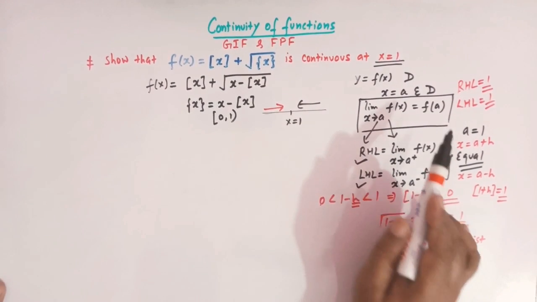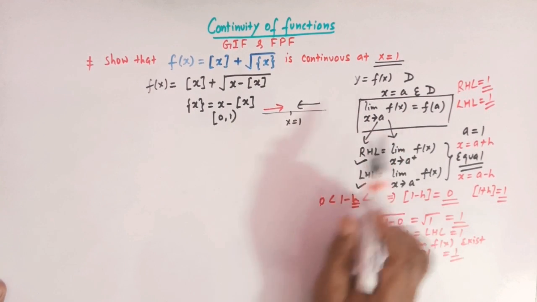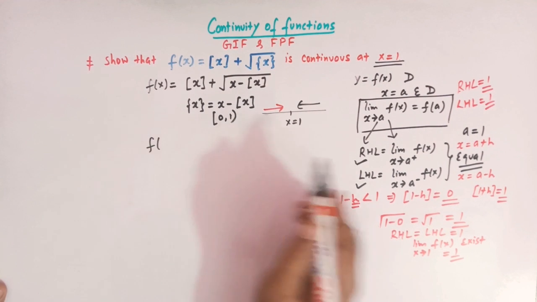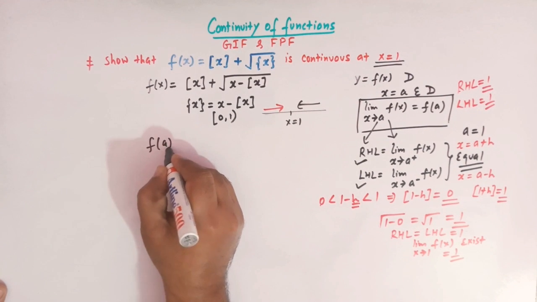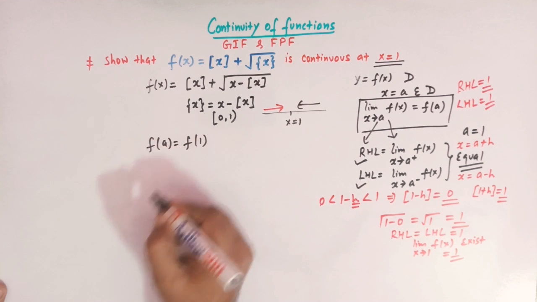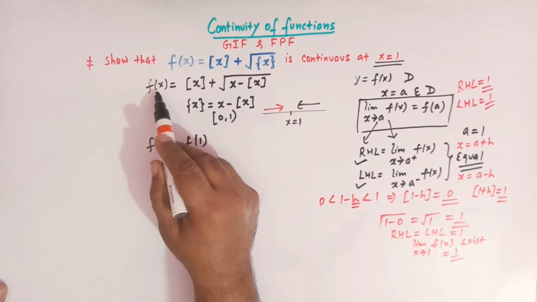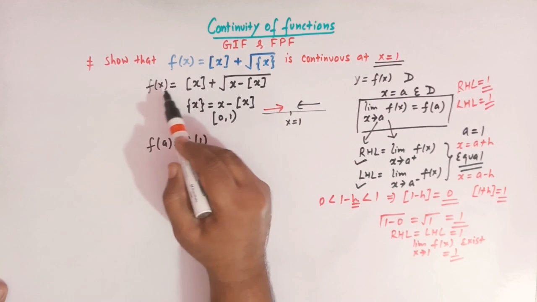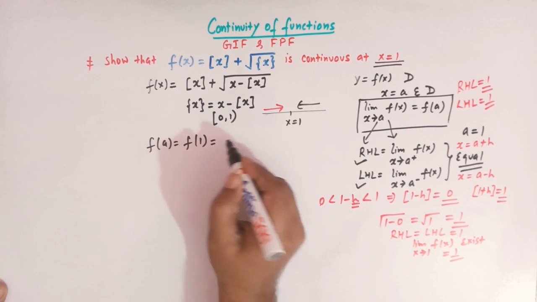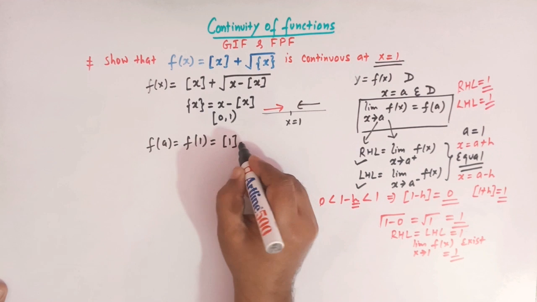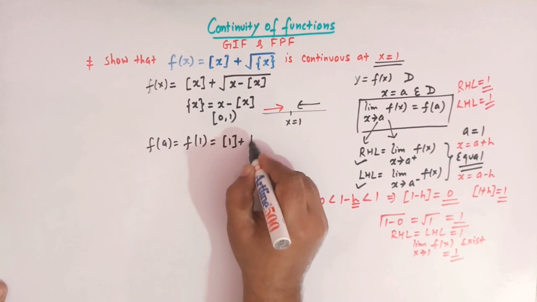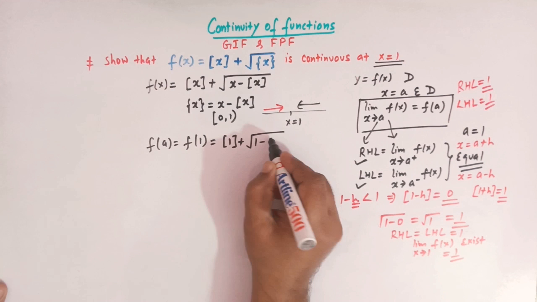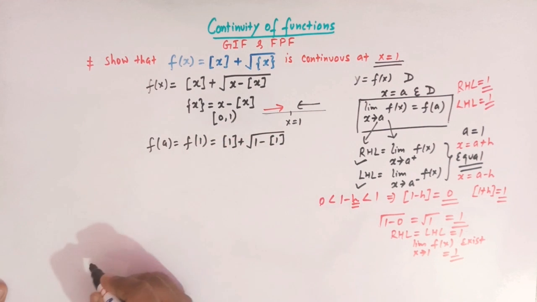So now let us calculate the value of f of a, and f of a is our f of 1, right? So f of 1 can be easily calculated from this expression by taking x is equal to 1. So we have greatest integer of 1 plus square root of 1 minus greatest integer of 1, right?